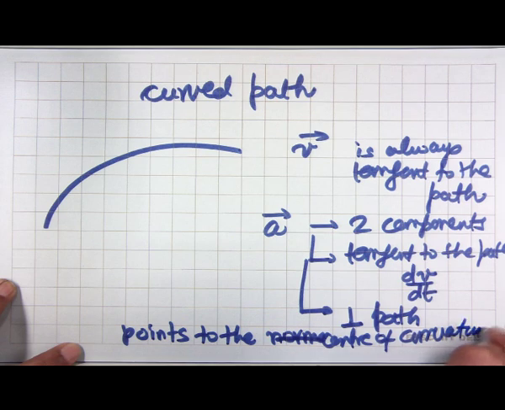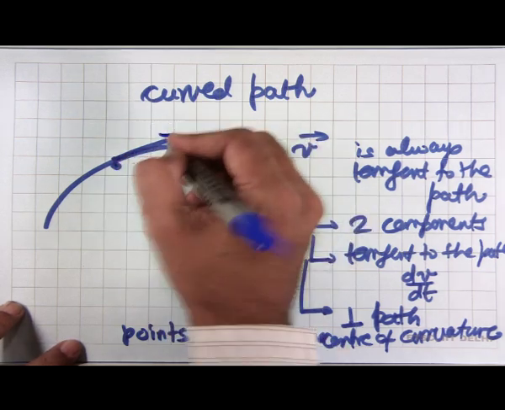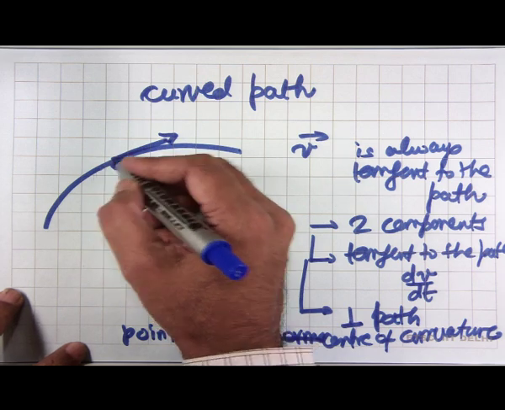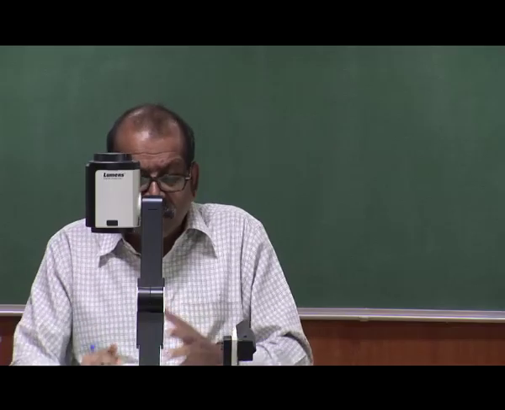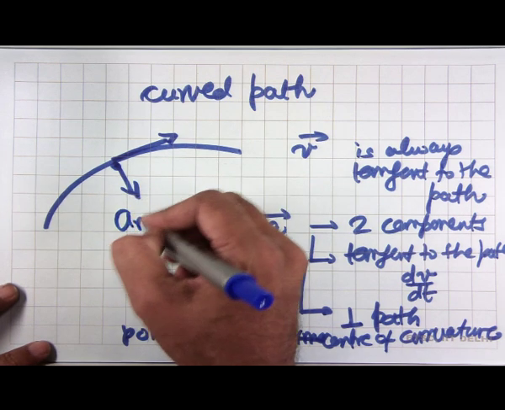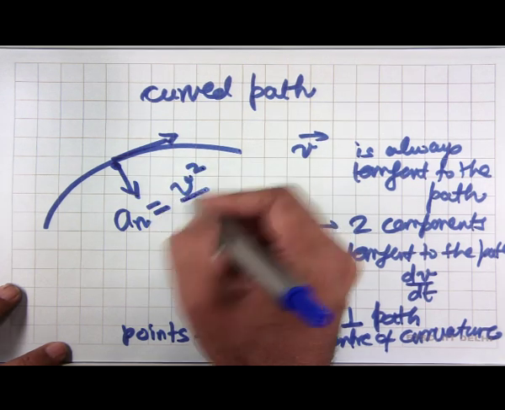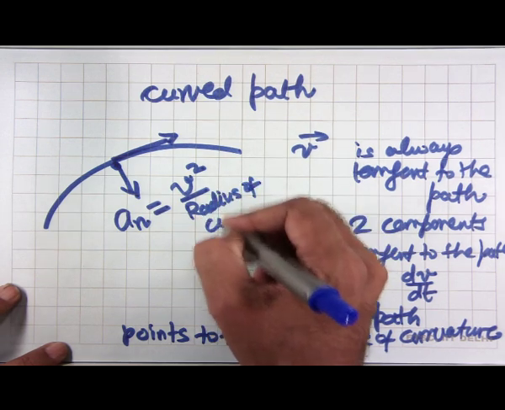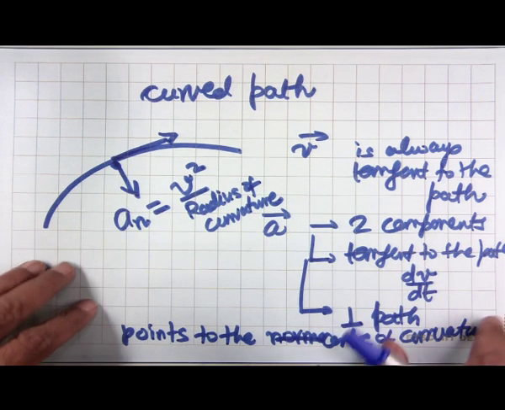Locally, if this body is moving in a circle, then the second component of acceleration will point towards the center of that circle, and this is what we call the normal component, given by speed square divided by the radius of curvature.